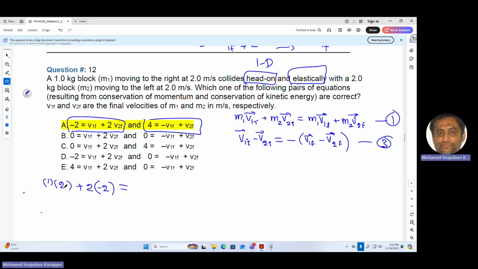Equals, on the right hand side, again 1 multiplied by V1F. We don't know V1F, right? So we just put the symbol for that. Plus 2 V2F. Let me simplify: 2 minus 4, which is minus 2.